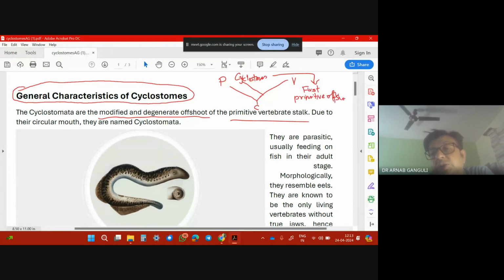This is the first primitive offshoot of vertebrates. So chordates here, then in the cyclostomes, you can say the presence of a vertebral column is the character. Then the next comes the presence of jaws. Then you have the sharks coming up.